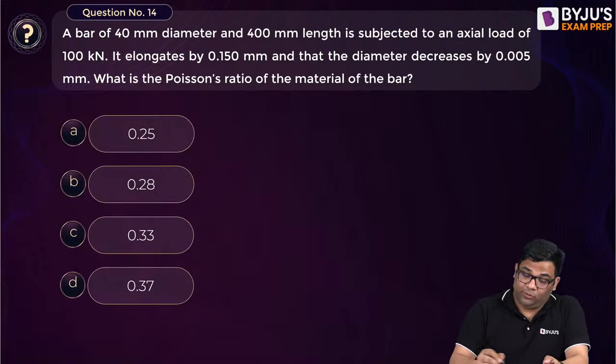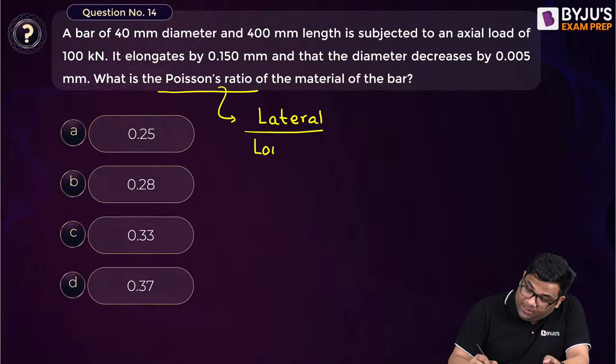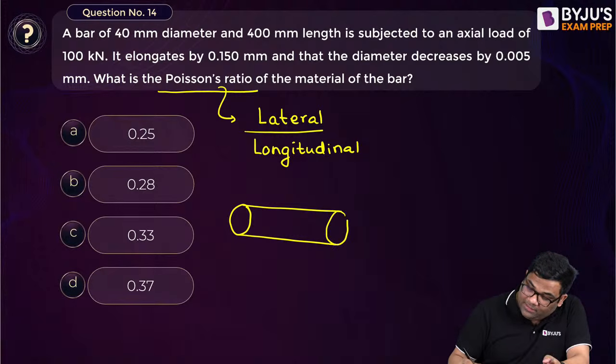Poisson's ratio is asked. Poisson's ratio is the lateral strain by longitudinal strain. Suppose we have a bar like this. This is the longitudinal direction, and this is the lateral direction.